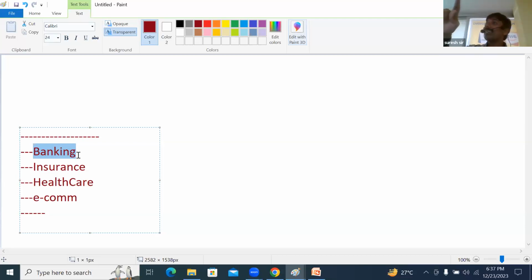At that time, if we wanted to transfer an amount, what needed to be done? We needed to visit the bank. Then you write one slip, stand in the queue, and after that you deposit. A lot of process is there.